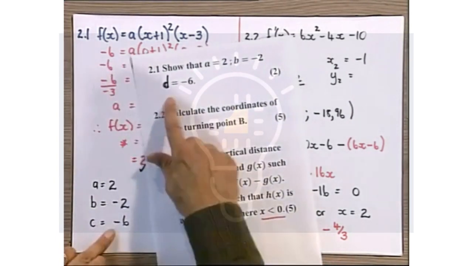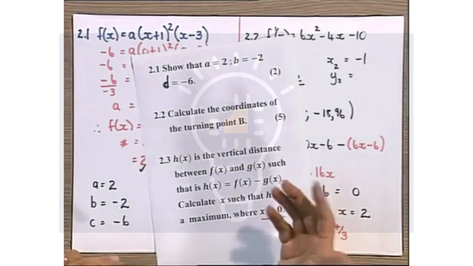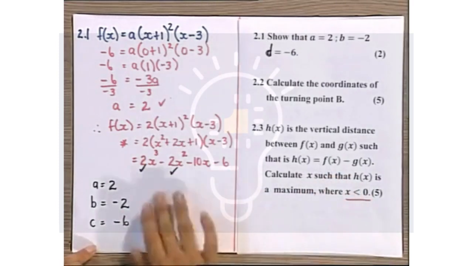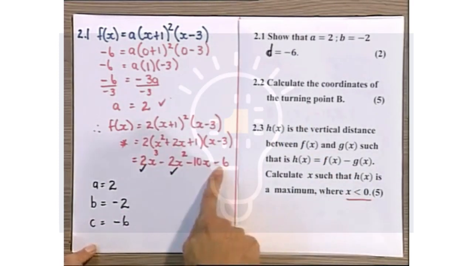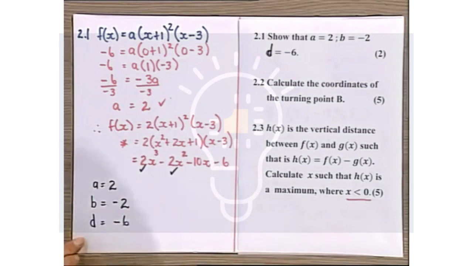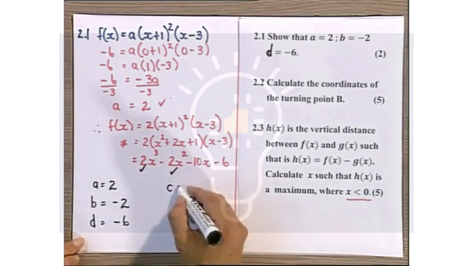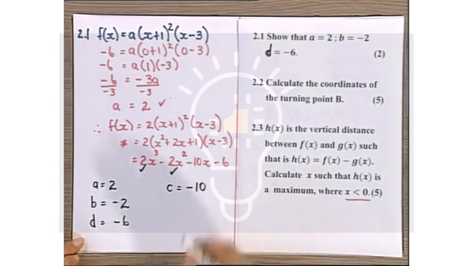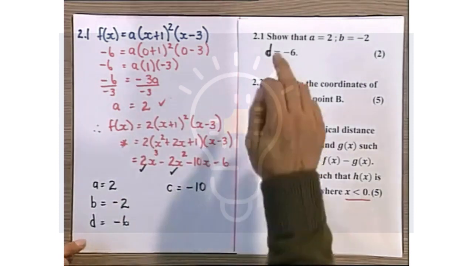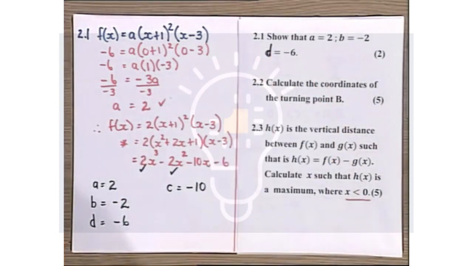So that is the question in your book. But nevertheless, if they look at this, then your D value is negative 6. If they had asked for C, C would have been minus 10. It's not to make an excuse, it's just a typing error there.